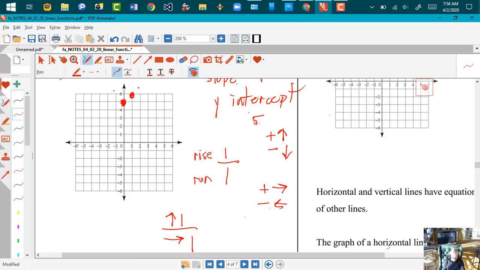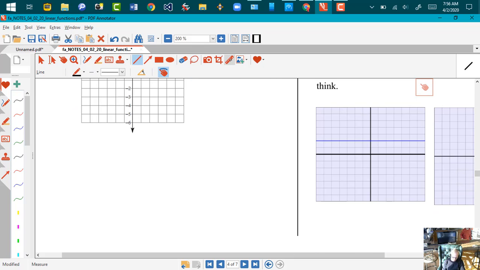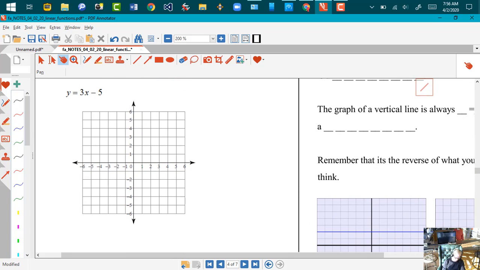And once you have 2 points on a line, you can make the line just by connecting the dots. Since the slope never changes, 2 points is sufficient for graphing a line. So that's the way to graph a line that is in slope-intercept form.